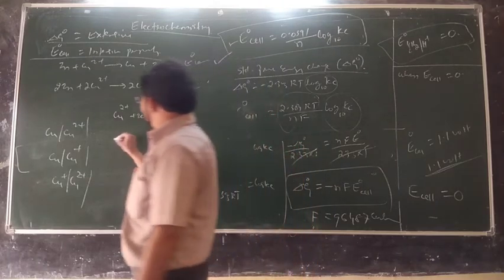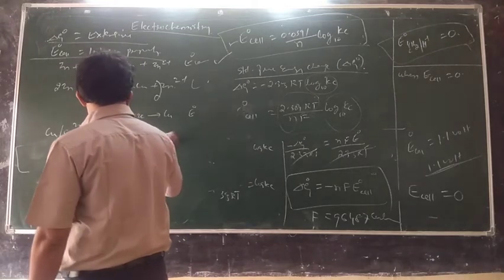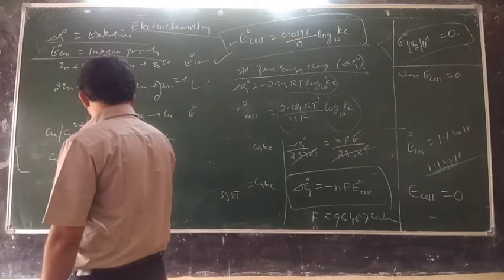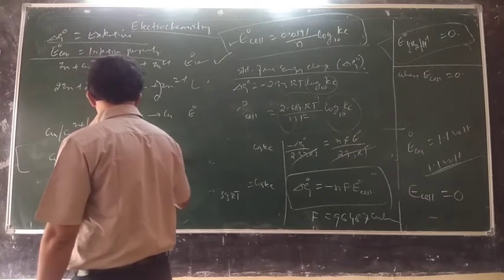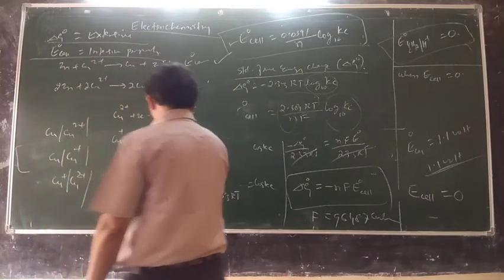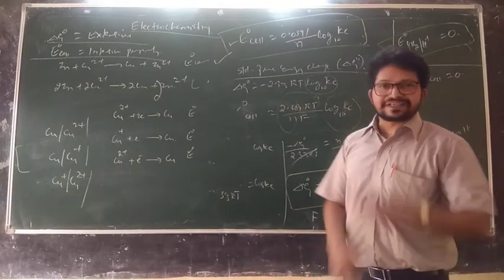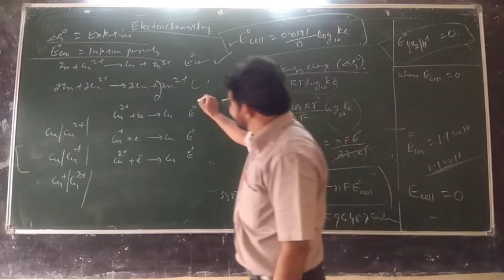Then Cu+ takes one more electron and becomes Cu. Cu2+ takes one electron and becomes Cu+. E naught for all these three are possible, right? They are different reactions. Now you cannot add the E naught values.